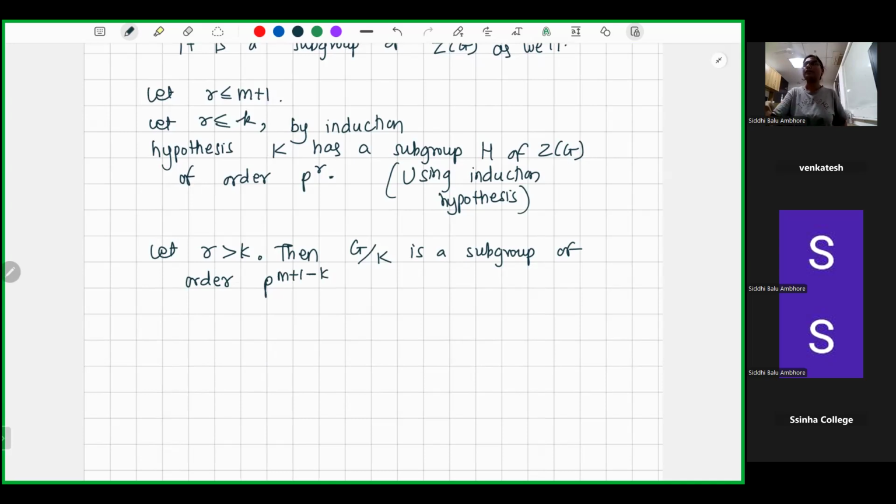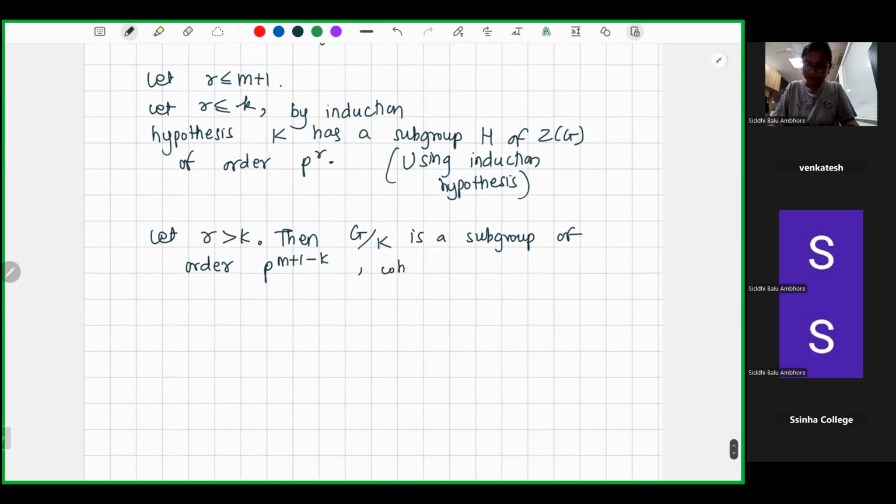This is p^k and this is p^(m+1), so the quotient will be of order p^(m+1-k), which is strictly less than p^(m+1).